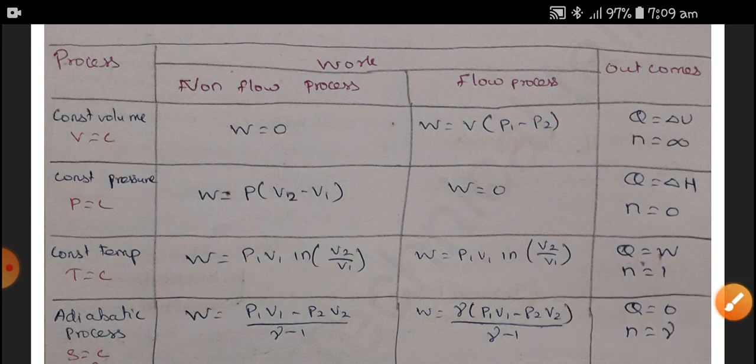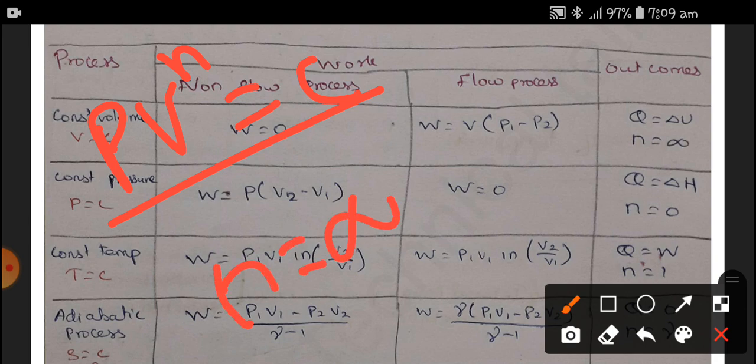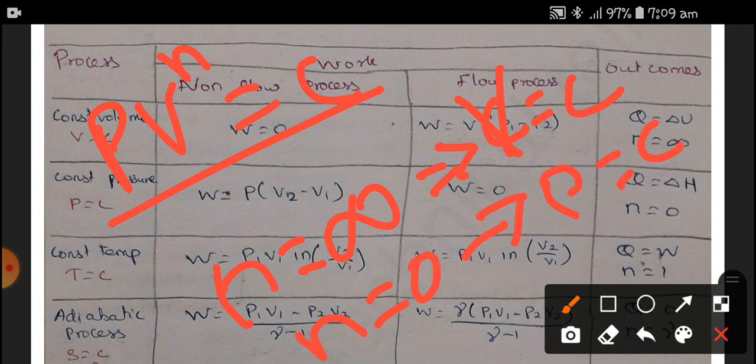All the formulas can be formulated from this formula, PV^n is equal to constant. If n is equal to infinity, that is a constant volume process, therefore volume is equal to constant. If n is equal to 0, then this process is called a constant pressure process.